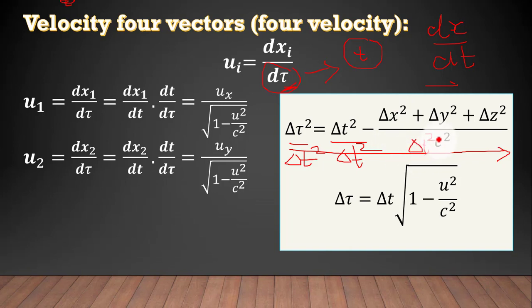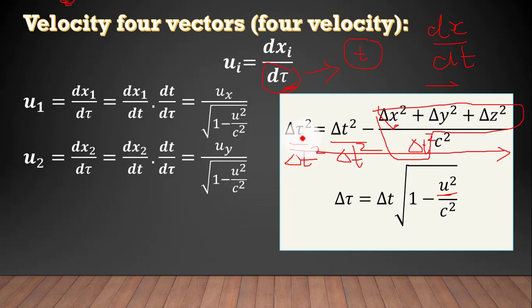So this will become what? The velocity of the particle in the S frame of reference. So I am writing it as u. So this term will become u square, and there is c square also. So delta tau square by delta t square is equal to 1 minus u square divided by c square.